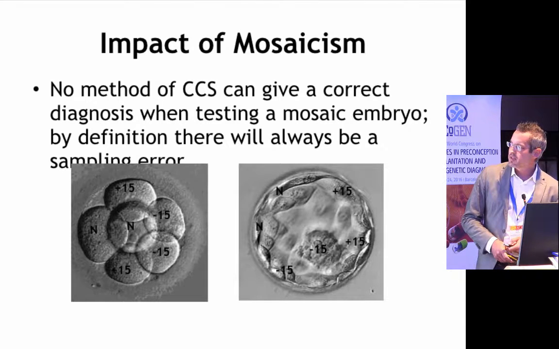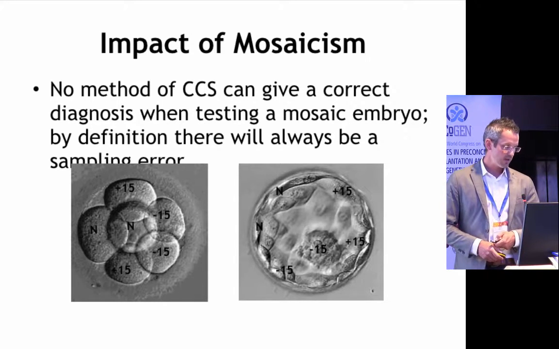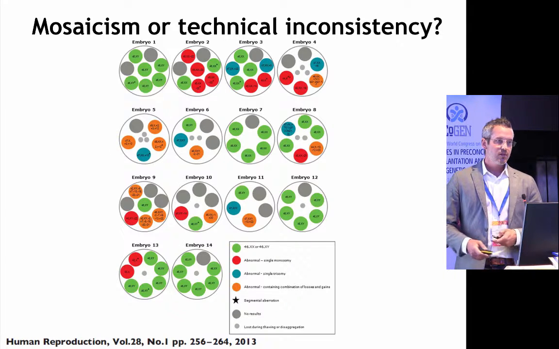And first just to point out that we have this sampling issue where clinically we're only going to be able to take one biopsy. We're not going to be able to evaluate the entire embryo. So there's always going to be a sampling error that's associated with trying to predict mosaicism. But in addition to actual biological variation across the embryo that's really due to mosaicism, there's technical inconsistencies we really need to consider.